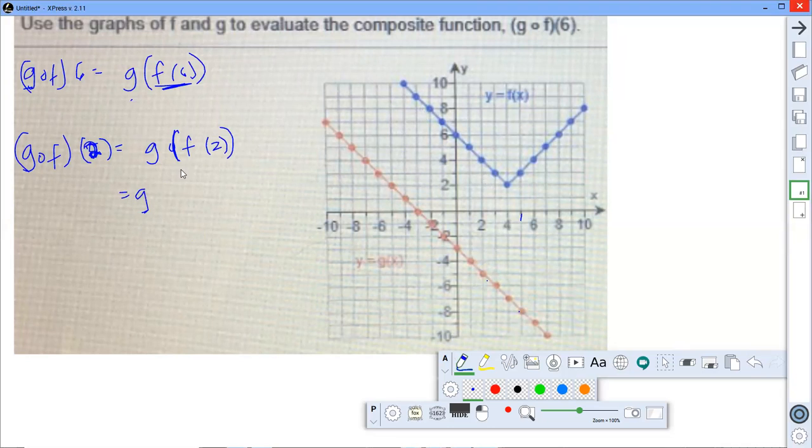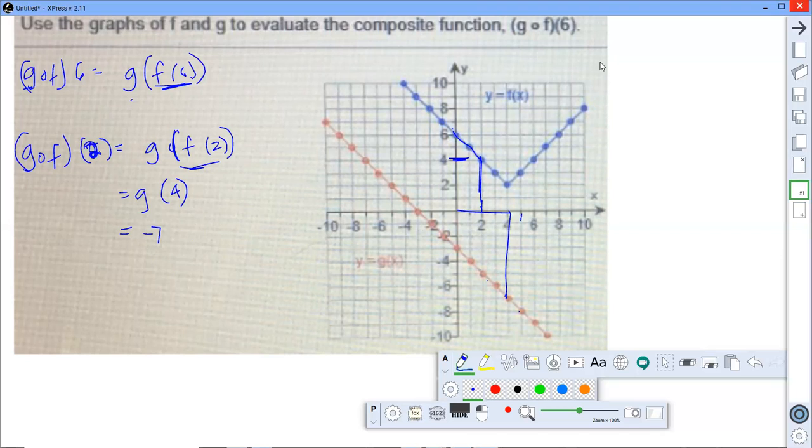Now f of 2, it's the blue one. This is f of 2, and f of 2 is equal to 4. So now you need to find g of 4. When your x equals 4, your g is equal to -7.